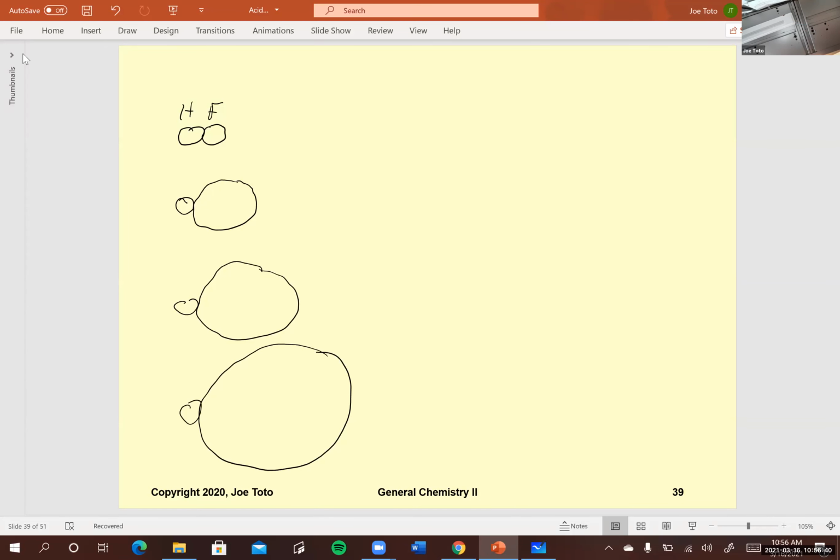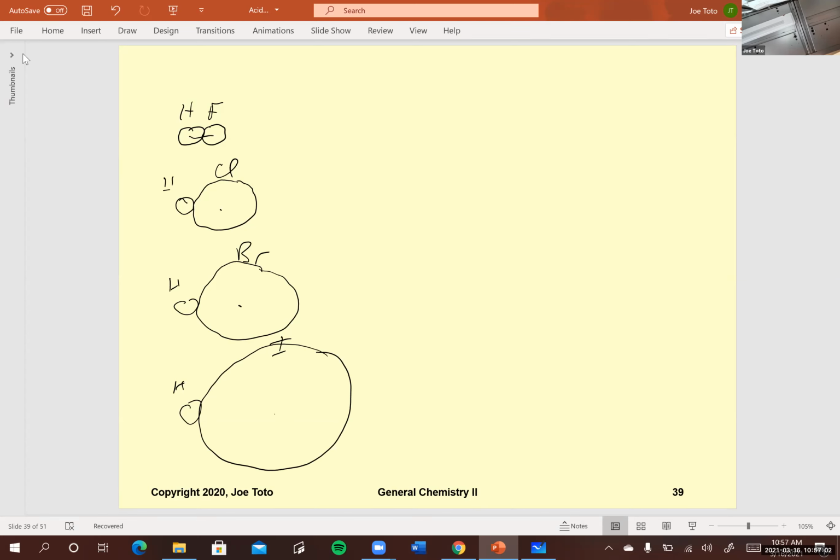And so I have HCl, HBr, and HI. And you know that the radius of an atom as you go down the column gets bigger.